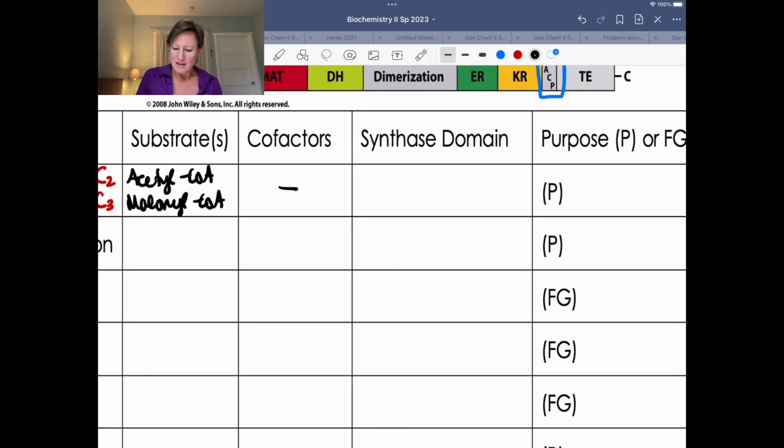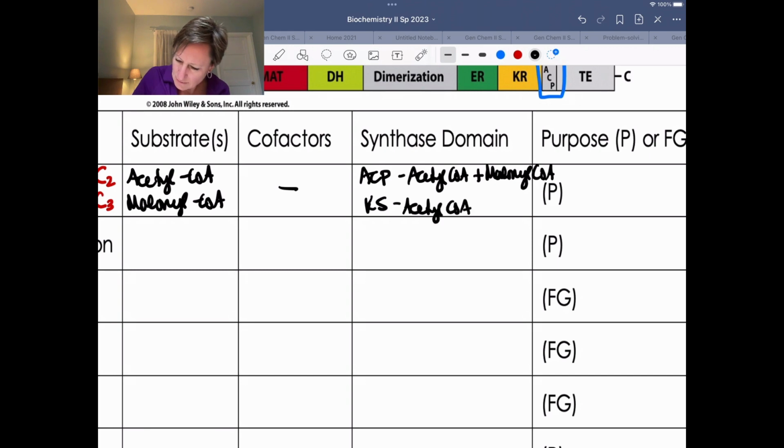Now, I should say that the first thing that happens is everybody starts out on the acyl carrier protein. So this is going to both be acetyl-CoA and malonyl-CoA. But then we are going to transfer the acetyl-CoA to the Ks domain.